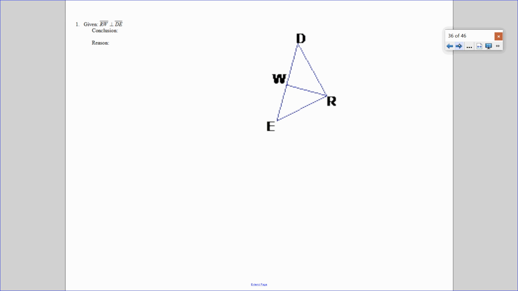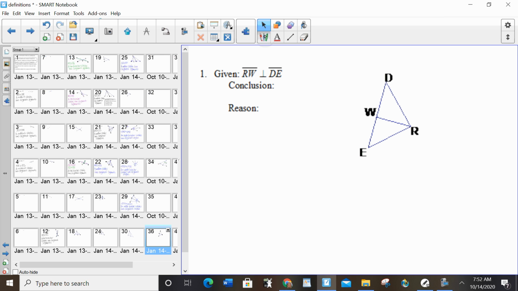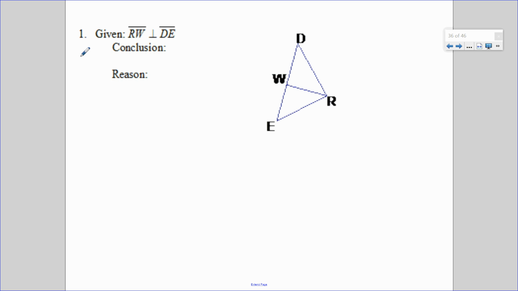All right, which brings us to this symbol, this upside down capital T, which is going to be a very important symbol throughout the rest of this course, and that is the symbol for perpendicular. Basically, what you need to know about perpendicular is that perpendicular lines form right angles.